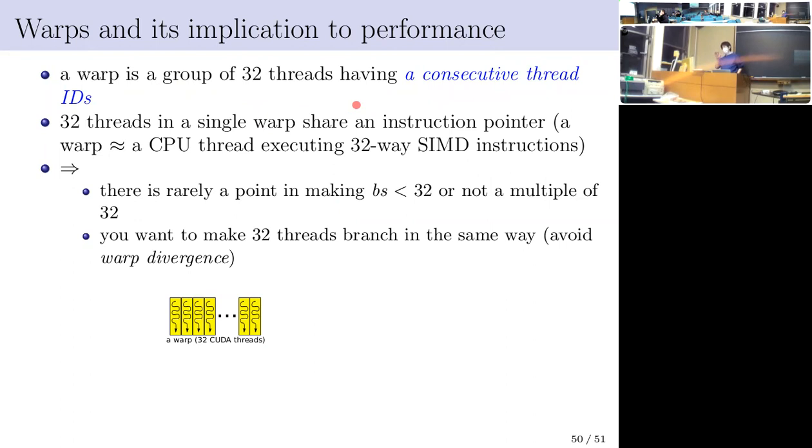So when you launch, for example, 128 threads in a single thread block, they get numbered from 0 to 127. The first 32 threads, 0 to 31, constitute a single warp, and the next 32 threads, from 32 to 63, make another warp. Something as simple as this.